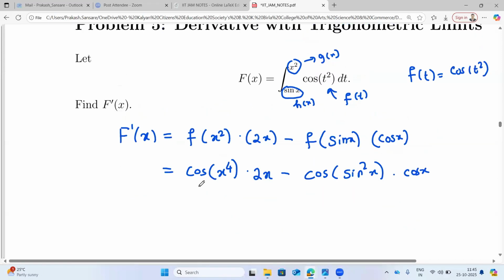So this is my final answer: 2 times x cos of x power 4 minus cos x into cos of sin square x.